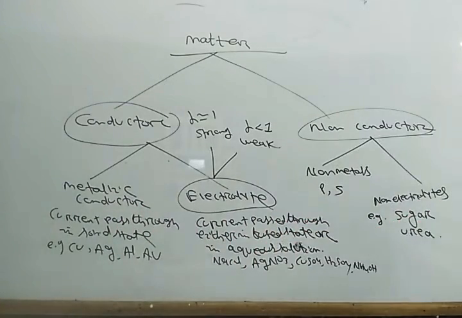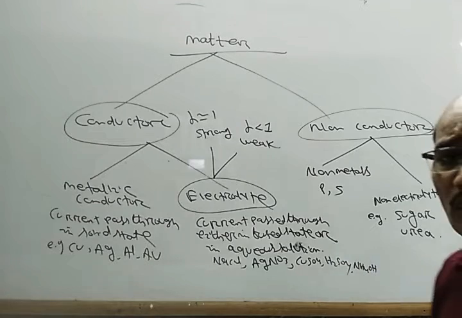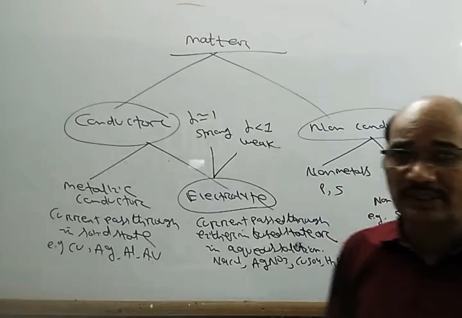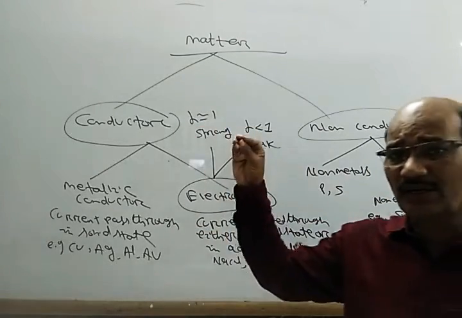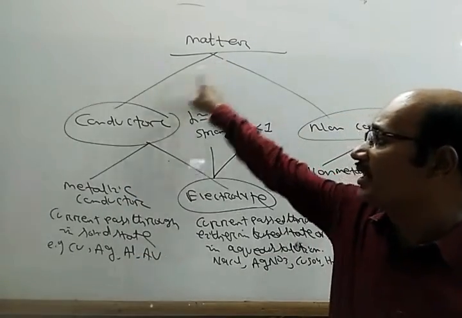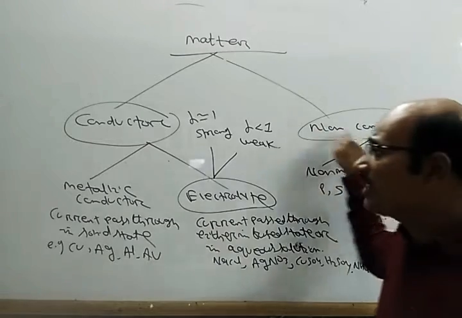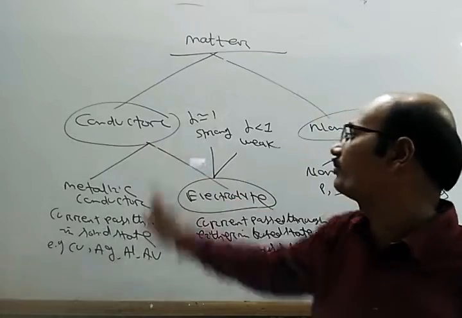So this is your classification on the basis of passage of electric current. Again I am repeating, on the basis of whether electric current can pass through or not, materials are conductors or non-conductors. Conductors are those which can conduct electricity.